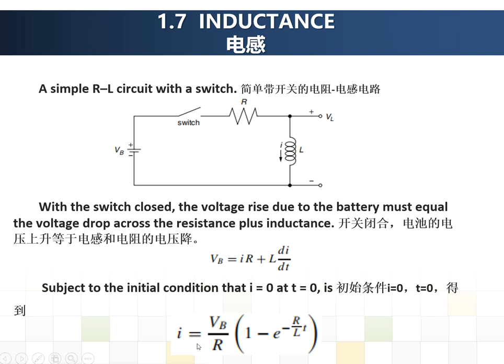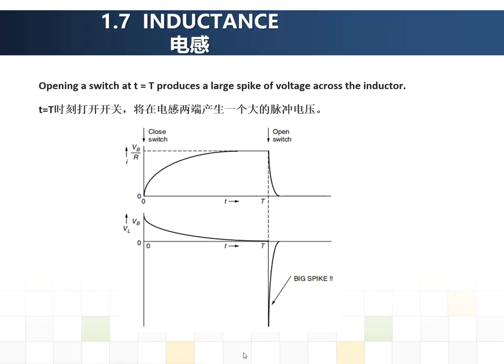Therefore, I will continue to increase until t reaches infinity, to the value VB divided by R, as we can see from the photograph. So at 0, when the switch is closed, originally the current is 0.